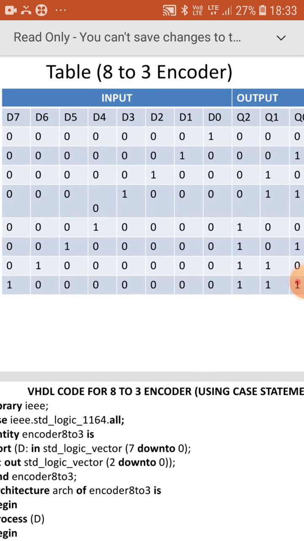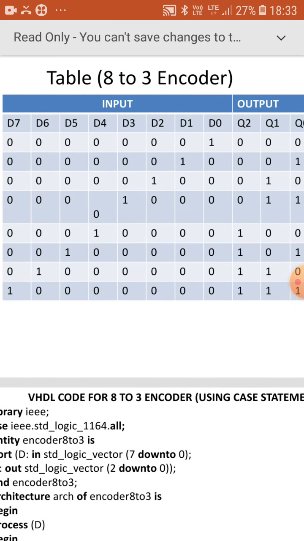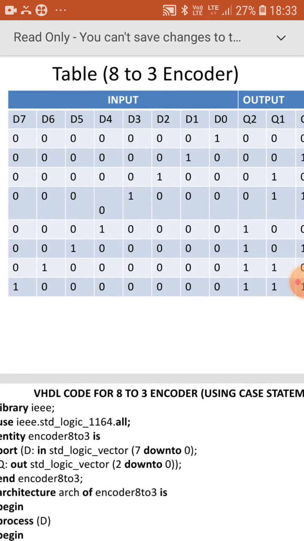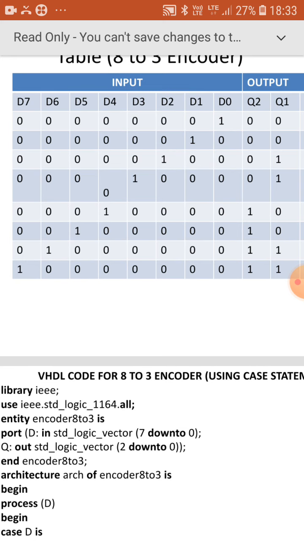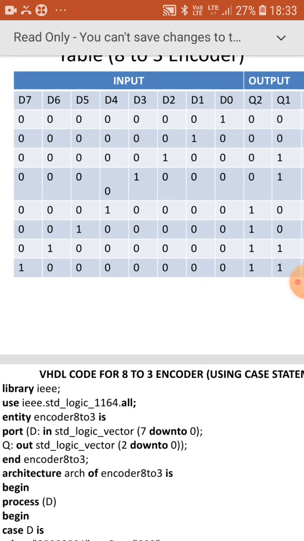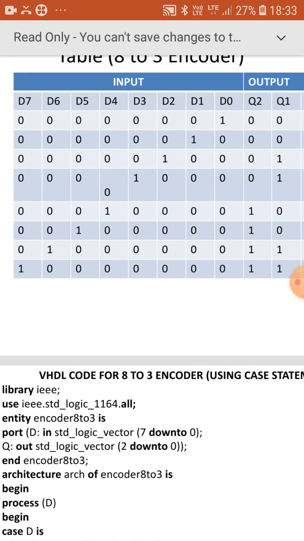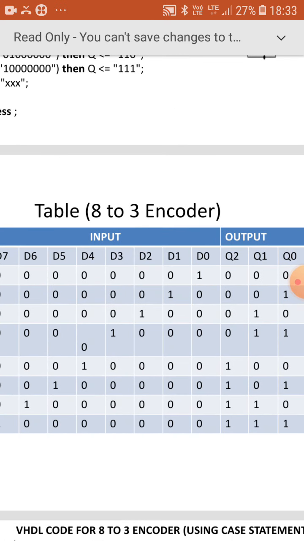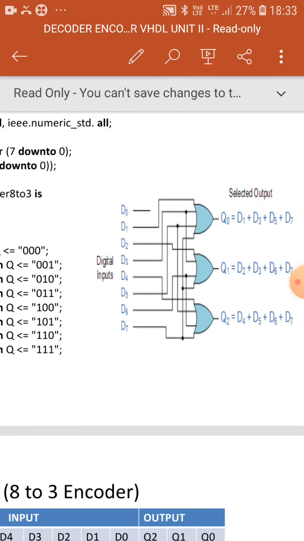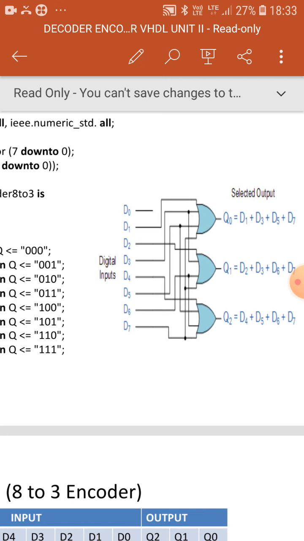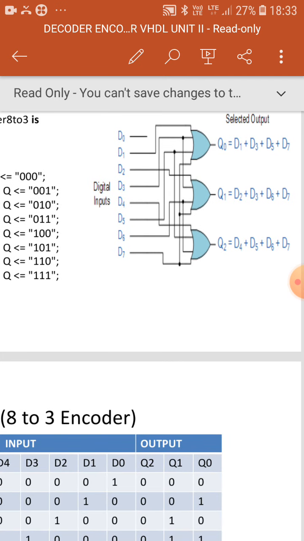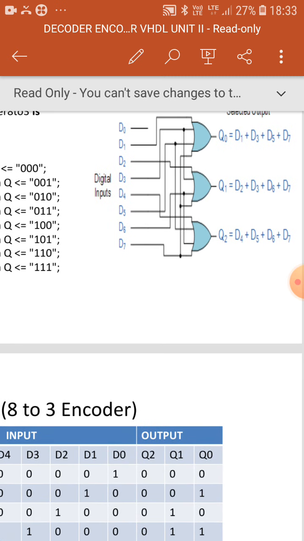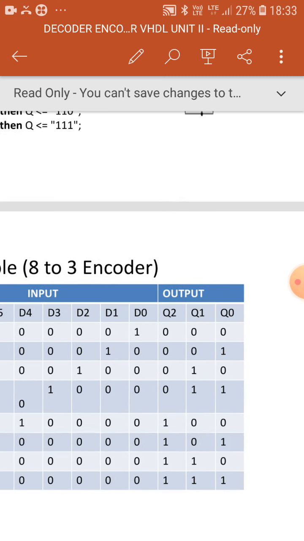Just look at the column Q2. So Q2 is equal to D4 plus D5 plus D6 plus D7. Plus means logical OR: D4 or D5 or D6 or D7.